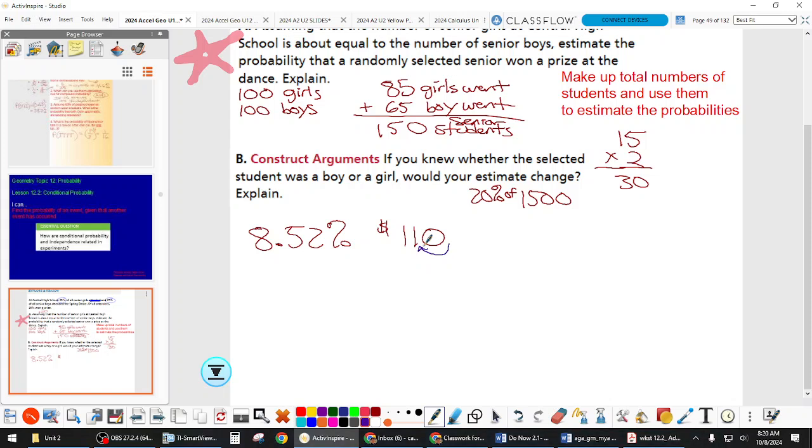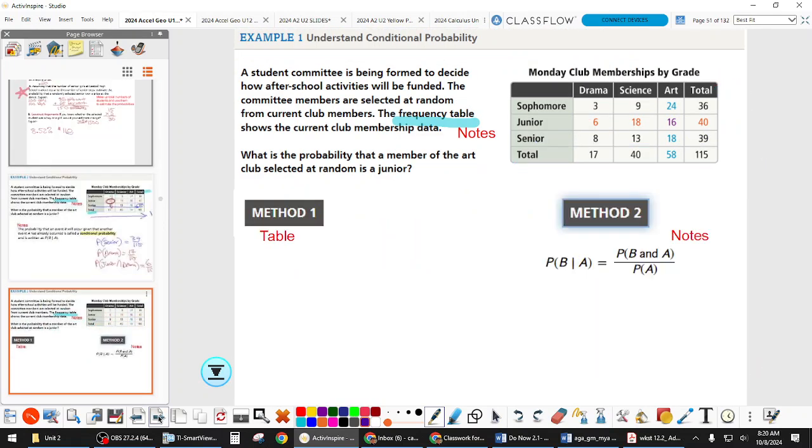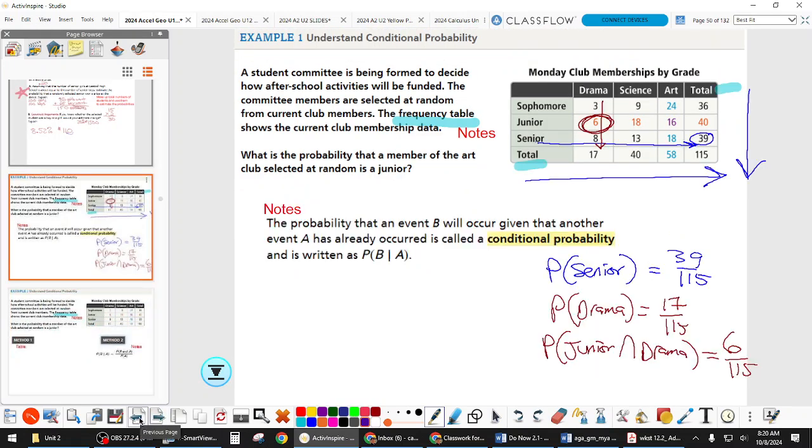All right, we're going to move on from this. This is a big deal right here. So we talked about this table, but let's get into it a little bit more. The context behind this is they're trying to form a committee for how after-school activities will be funded, and the committee members are selected at random from current club members.